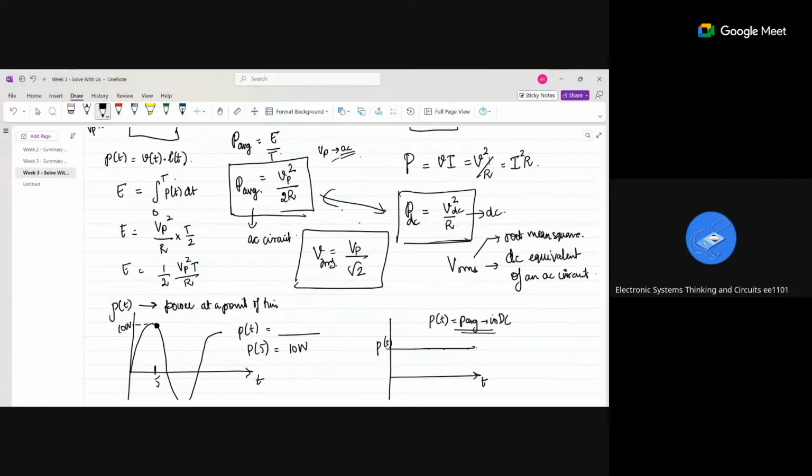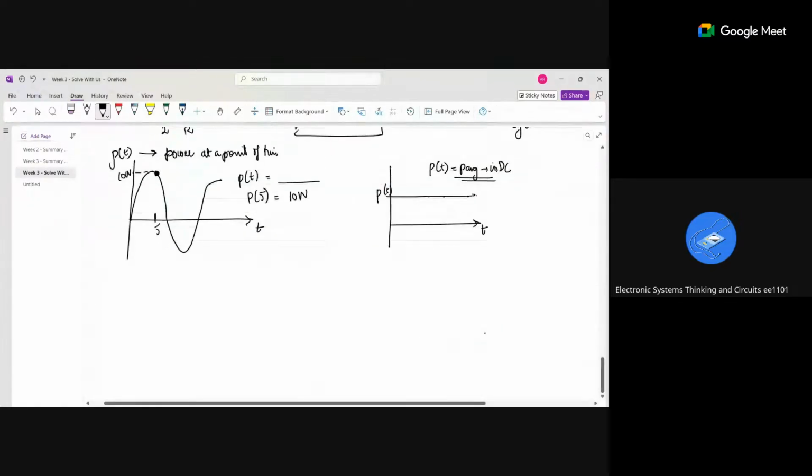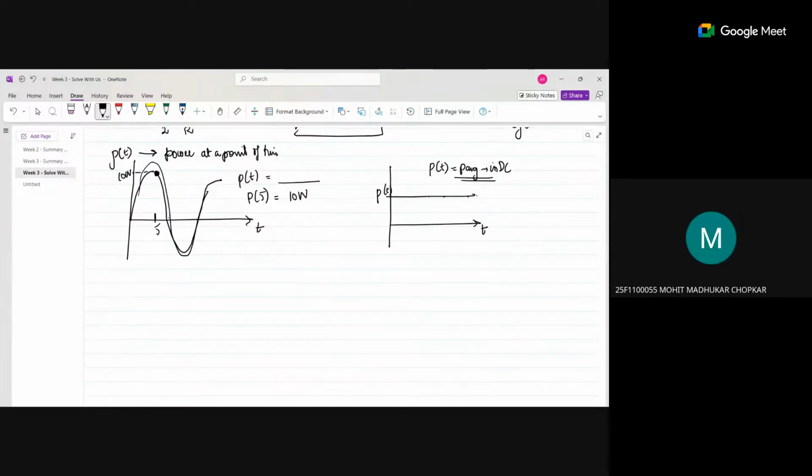What I'm trying to say is, if you measure an AC signal using a voltmeter, what will it give? AC voltage is constantly changing, going up and going down.